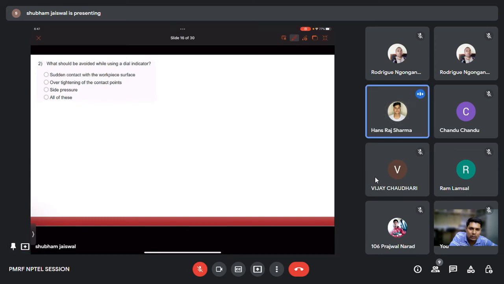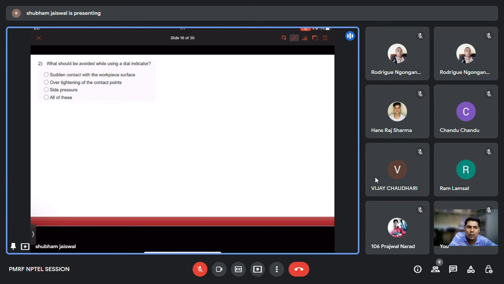Again, if we tighten the contact point very tightly, there will be a problem with the measurement, and an accurate reading will not be there. Okay. You are right, Mr. Hansraj. The correct answer is all of these. So I think Hansraj has already given the answer. Is there any need for explanation in this one?